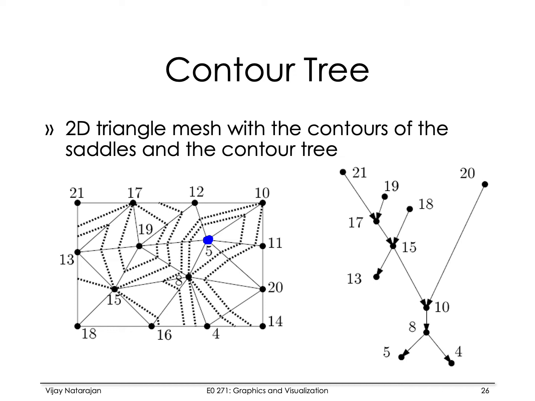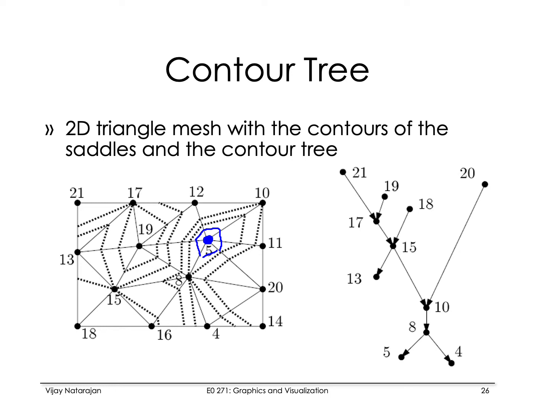This is going to have a single component that looks like a ring around 5. For an isovalue which is just below 5, there is no isocontour in the neighborhood of this vertex with scalar value 5. So something interesting happens at 5. A new isocontour component is born.